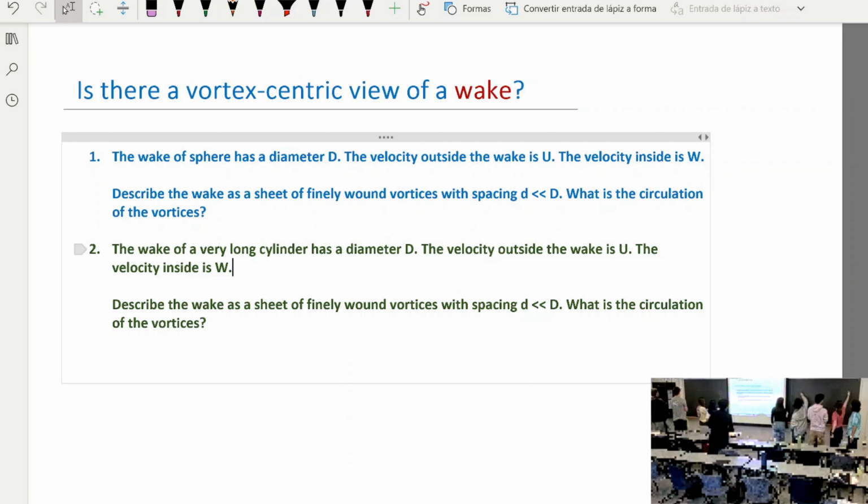I think the question is what the direction of the vortices has to be. Does it go that way or that way? So we have flow going in through one side and flow coming in through the other side, going like this. There's W, and there's flow coming over the cylinder, like U.